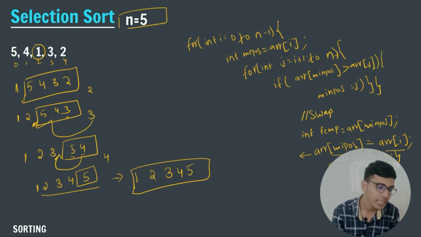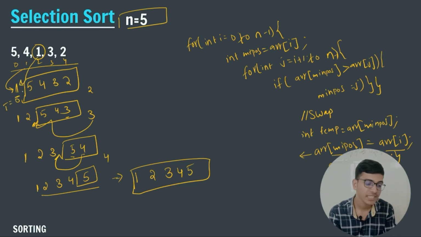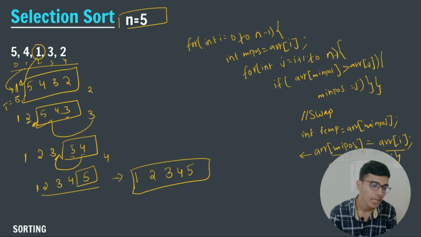So you can see that here I have found the minimum position in this array, and I am placing its value at the ith position. Here i is equal to 0, so I am taking my minimum element and placing it at the 0th index. After that i will become 1, and I am taking the minimum element and putting it here at i is equal to 1. After that i is equal to 2.